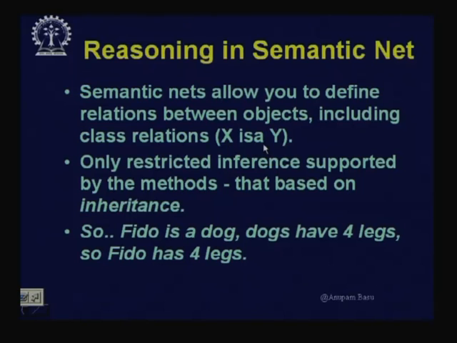For example, X is a Y. So, first we can define this class subclass relationship: X is a Y, so X is a subclass of Y. Now, only restricted inference is supported in semantic nets by methods based on inheritance. Here is an example. Fido is a dog, and dogs have 4 legs. So, we can infer Fido has 4 legs.